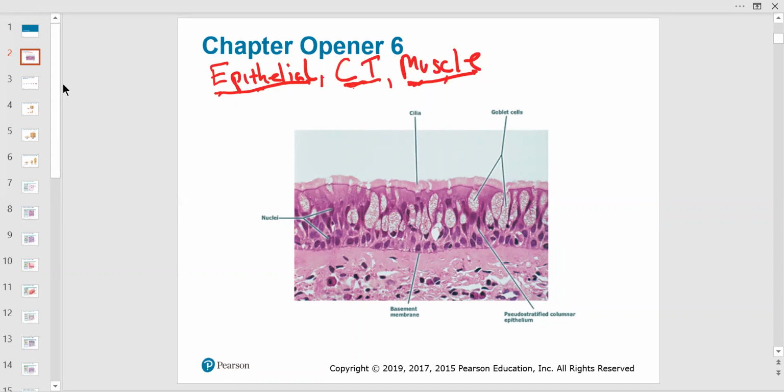So the 3 muscle types are skeletal muscle, smooth, also known as visceral muscle, and then you have your cardiac muscle, which is heart muscle. The only one of those 3 that's voluntary, which means you can use your brain to make it contract, is skeletal muscle. And then you have another one we're going to be talking a lot about, nervous tissue.